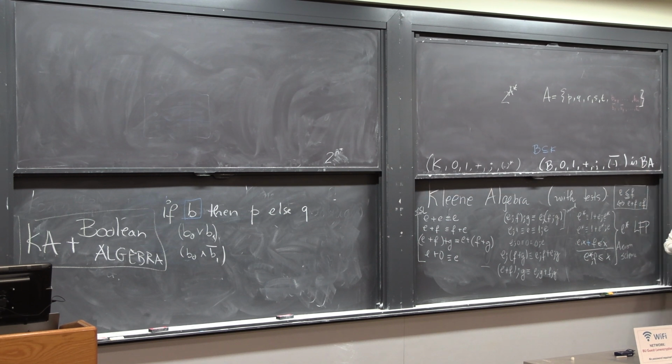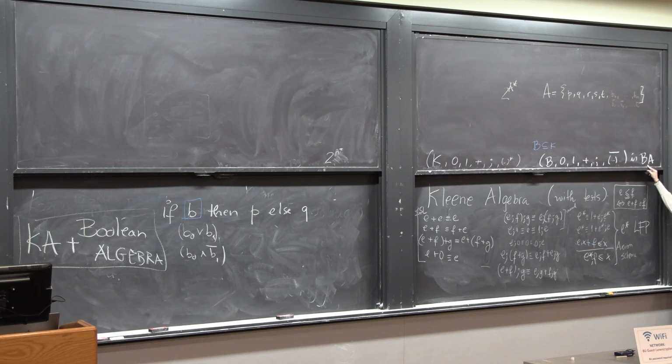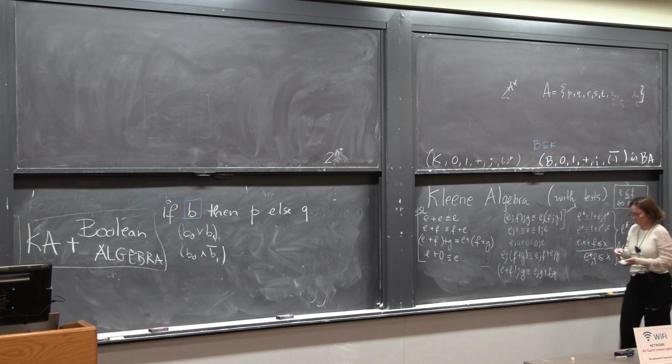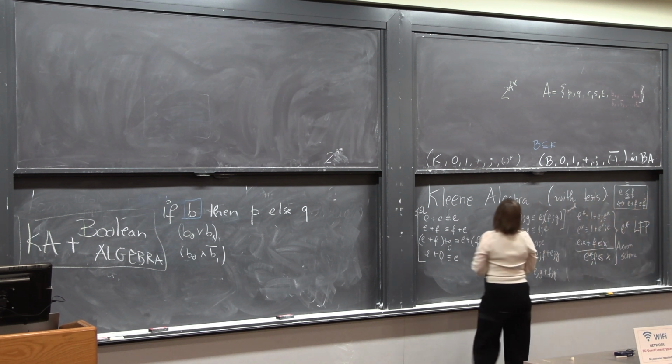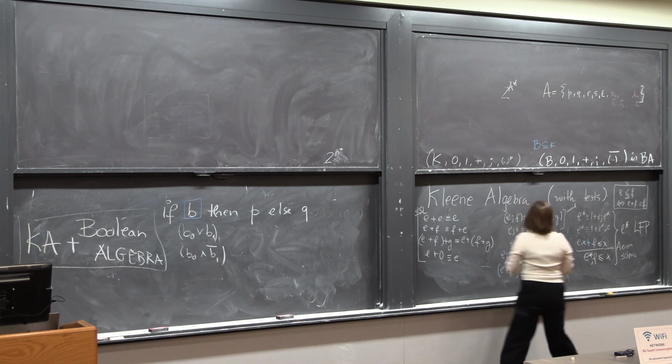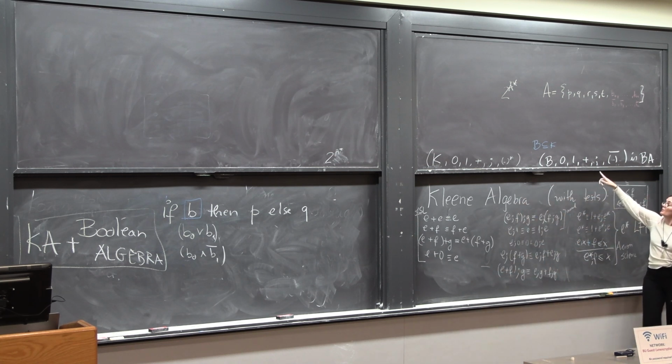Now, because I'm asking B to be a Boolean algebra, the equations I have here are not enough. I'm missing some equations of Boolean algebra. So what am I missing? Before I say what I'm missing, let me make one remark.